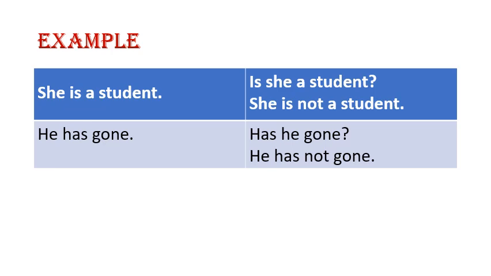You can look at the first sentence: She is not a student. We put not immediately after the auxiliary verb is, then it makes a negative sentence, and the same in the second one. After has we put not, then it changes to a negative sentence.